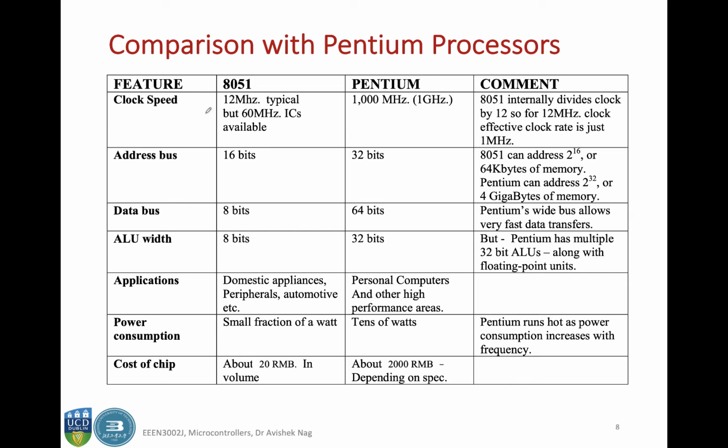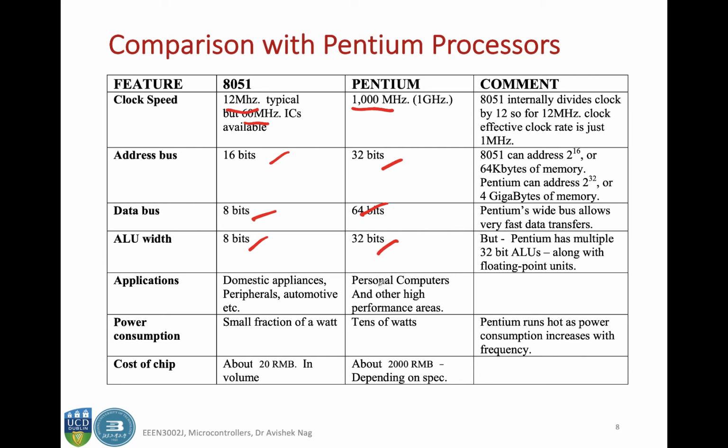So first of all, the clock speed in 8051 is 12 megahertz. Some 60 megahertz ICs are also available, but Pentium is 1000 megahertz or 1 gigahertz. Address bus, as you saw, 16 versus 32, data 8 versus 64, ALU width 8 for 8051, 32 for Pentium. Application-wise, both these chips are also different. So 8051 is mostly used in domestic appliances, peripherals and automotives.